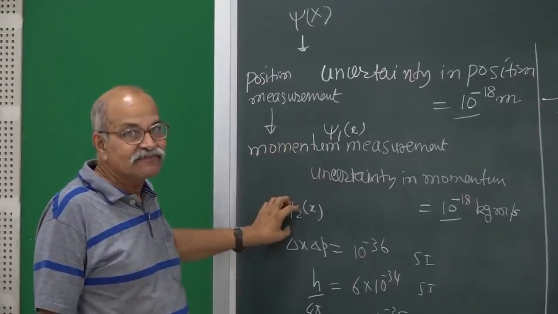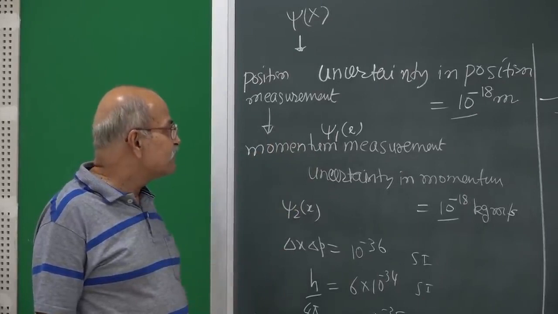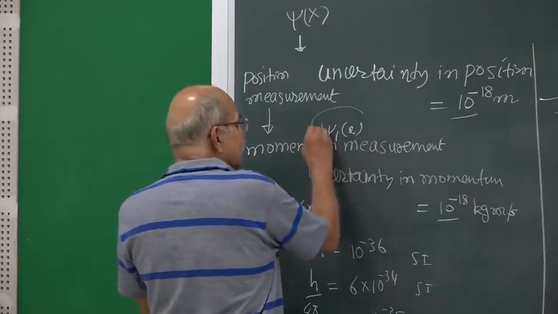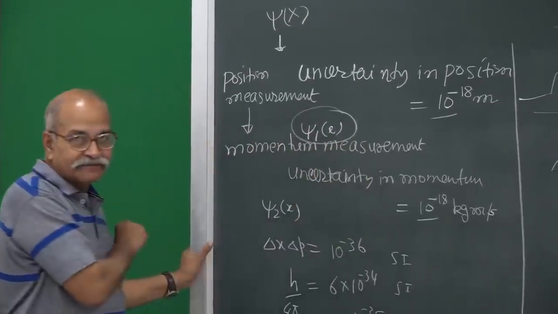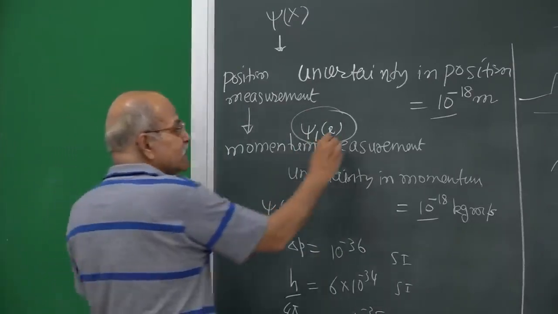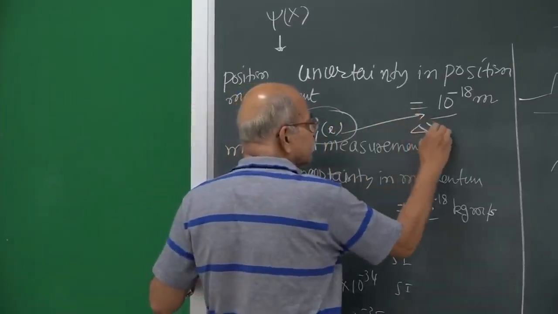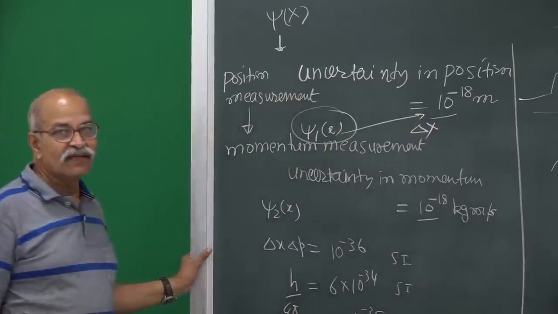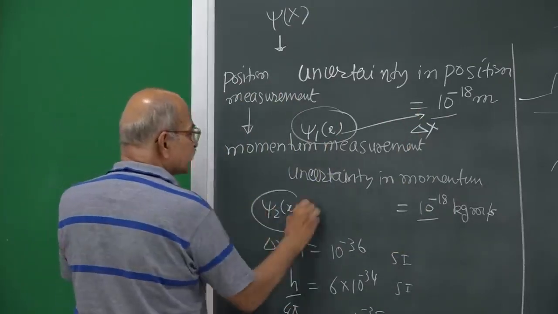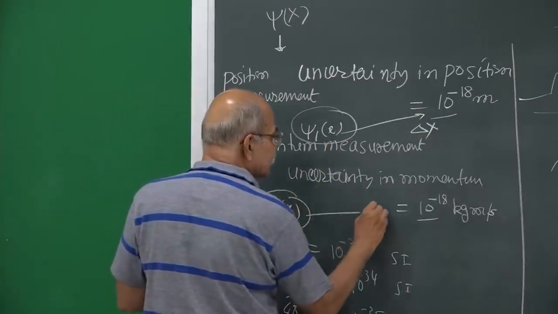Similarly, when you make a momentum measurement, again you change the wave function, and this psi 1 becomes psi 2. The information that we have is, in psi, if this is the wave function, then this is delta x, and if this is the wave function, then this is delta p.